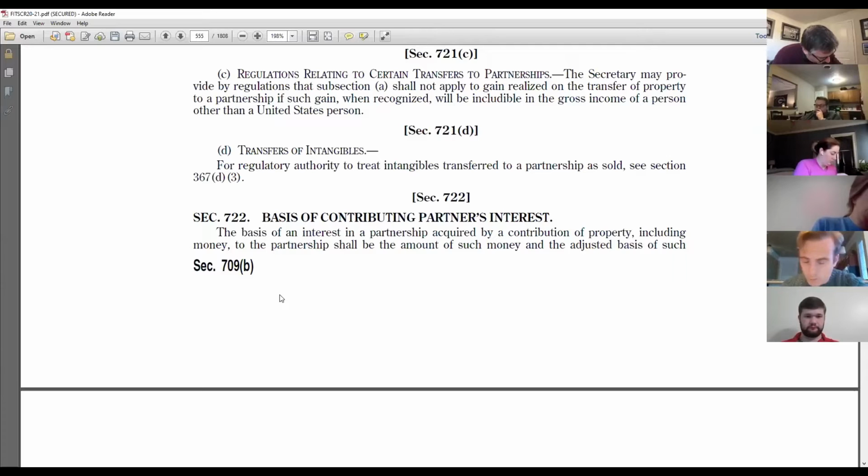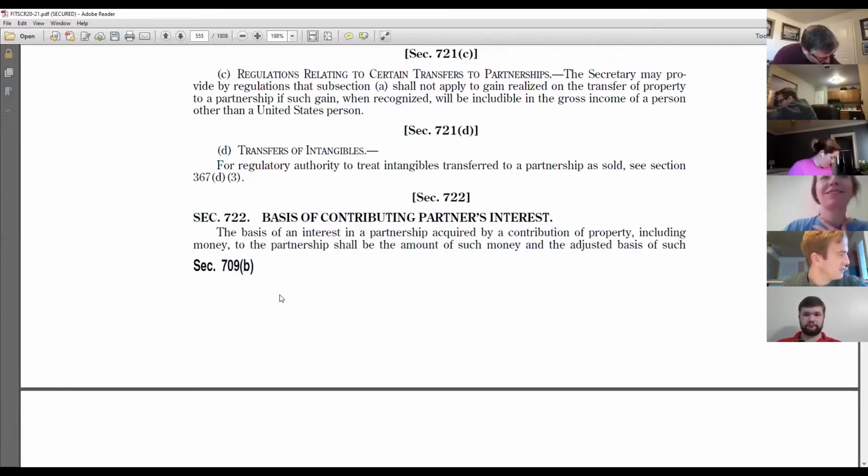We're going to use the term outside basis to refer to a partner's basis in its partnership interest. Outside basis. We're going to contrast that with inside basis. Inside basis is the partnership's basis in its property. You'll get familiar with these terms because we'll use them probably like 1,000 times over the next months. But that's the idea, outside basis and inside basis.